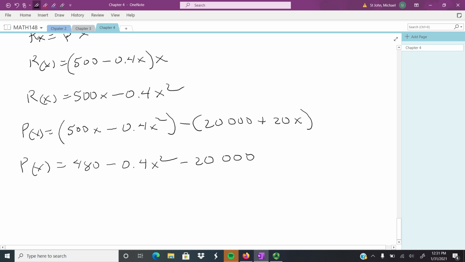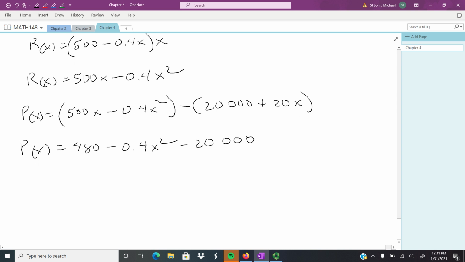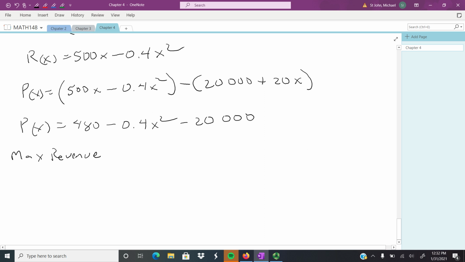So now we have all those numbers. Let's look at some of the things here. Well, let's see. Let's first find maximum revenue, max revenue. So we got our revenue function, which was R of x equals 500x minus 0.4x squared. Okay. So we can find the vertex.